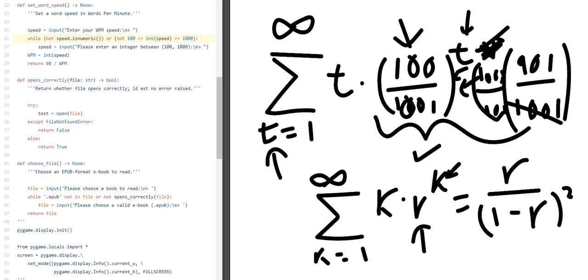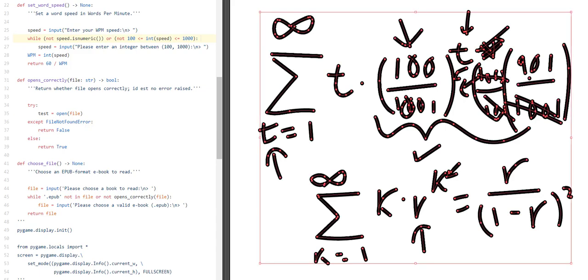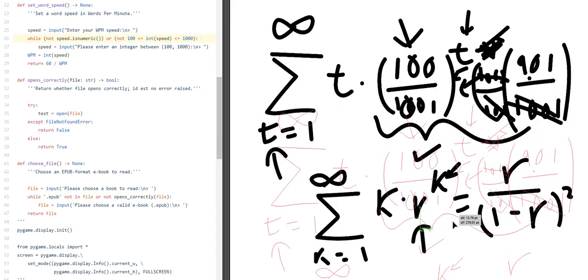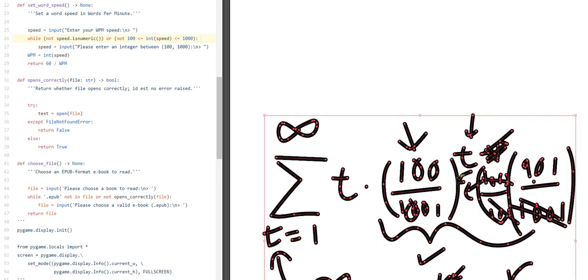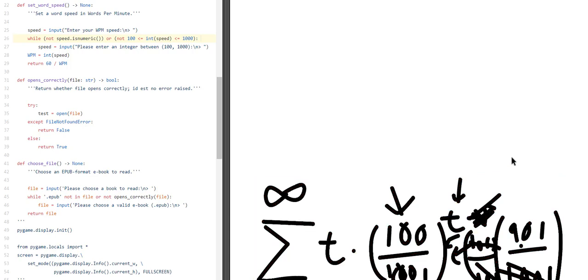We are dividing 901 by 100, so let's say this is 9.01. Let's move all this down so we have a sneak peek at what we just did.